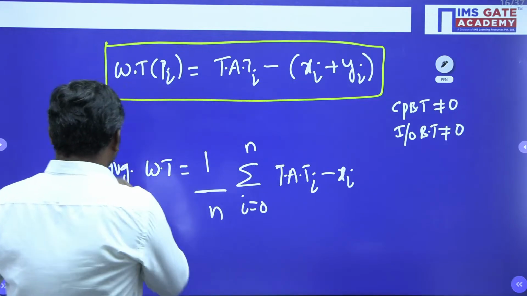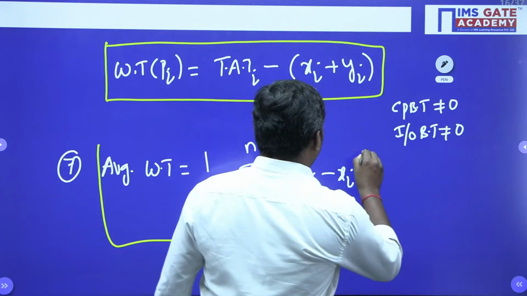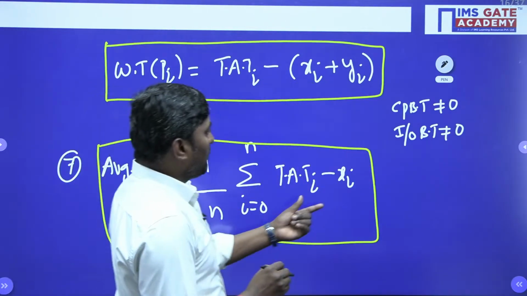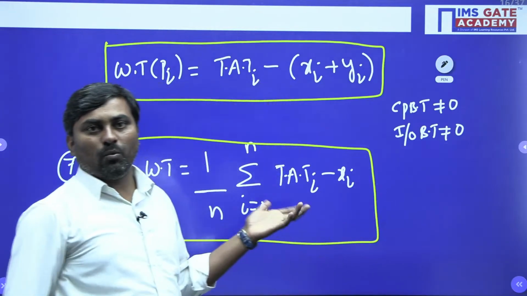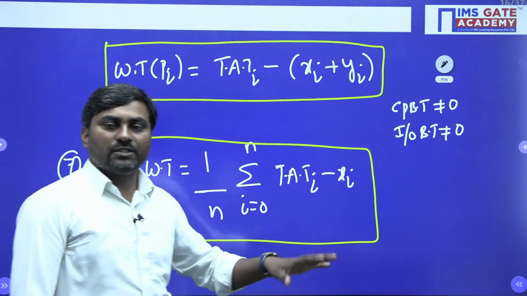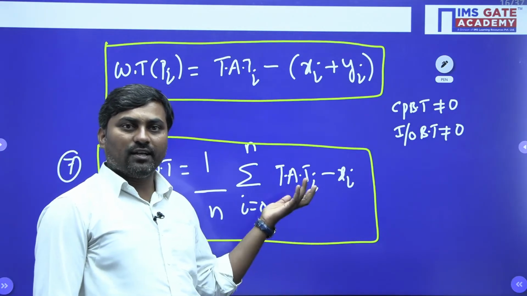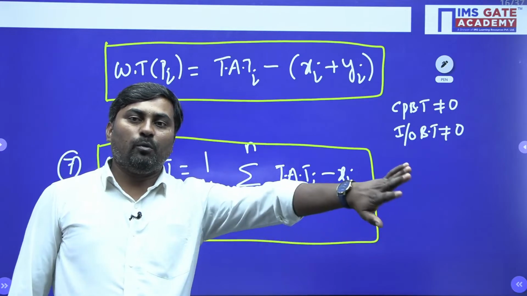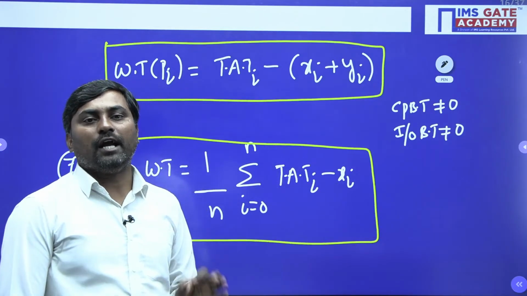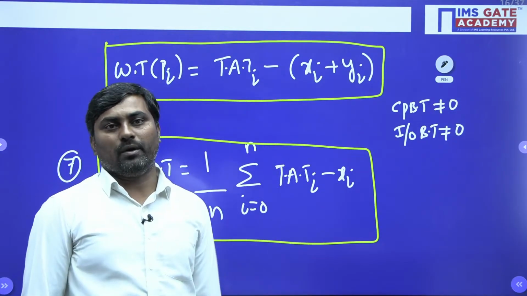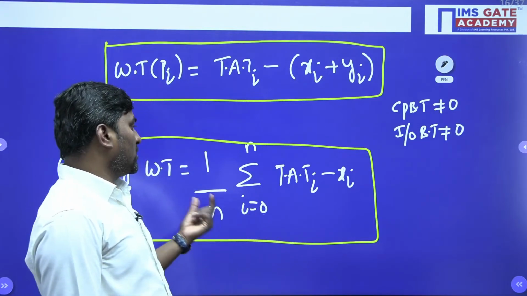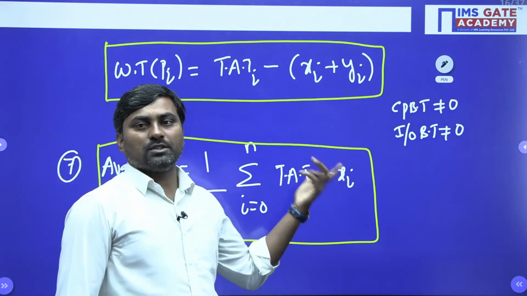Mostly we consider IO burst time as 0. If IO burst time is also there, you add X plus Y, that is it. For problem solving, many times we take IO burst time as negligible, 0 only. Considering CPU burst time, from total turnaround I remove the burst time.